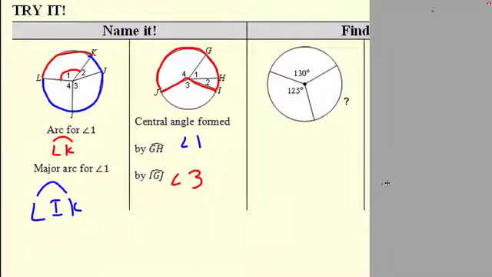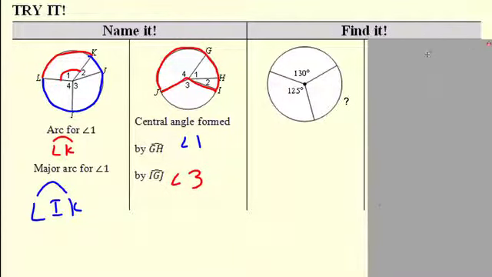Now we're going to start finding them. So a little bit of just, can we find it? Well, yeah, I want to find this question mark. Well, it turns out, if this is a 130 degree central angle, this is a 130 degree measure of arc length. So if that's 125, the measure of this arc length is also 125. So how do I find the rest? Well, what do circles add up to? That's right, circles got to add up to 360.